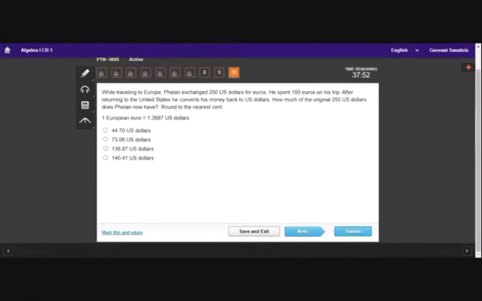Yeah, 250 divided by 1.3, whatever. All right, we got 182.6550. Okay, and now that's in euros, and then minus 150 euros, right? Because he spent 150.